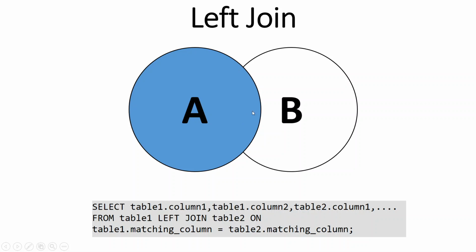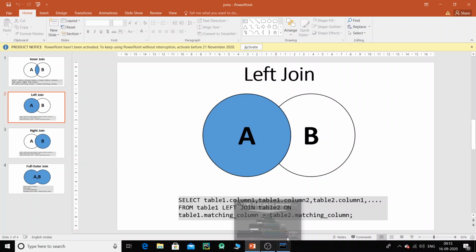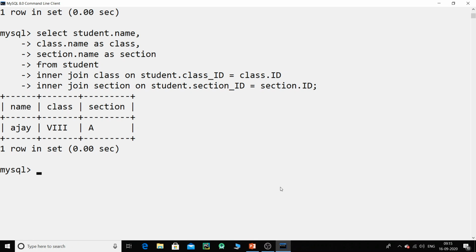I'm just going to show how this looks. The syntax is select the columns you require from table 1 and table 2, then from table 1, and in place of inner join you use left join. That's the only difference. Let me quickly run a query for this.